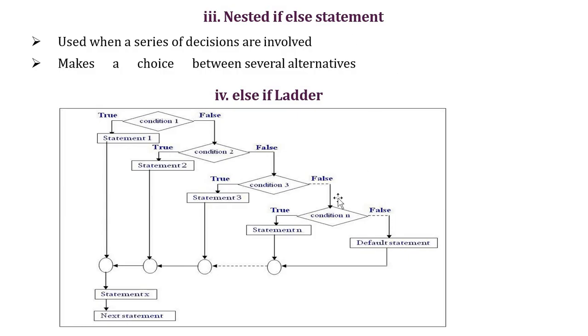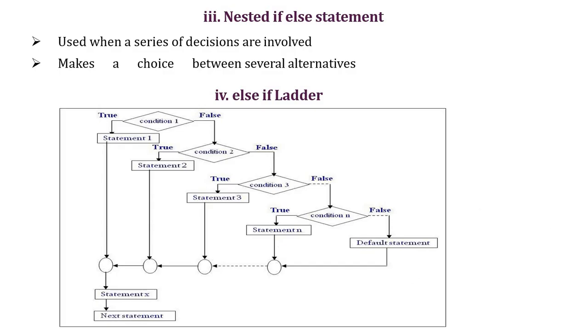That's your nested if else. In the else if ladder, you have several alternate conditions, a series of conditions which are checked, and based on their trueness or falseness, a different set of statements is executed. That's your else if ladder.